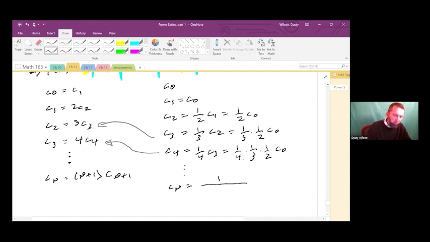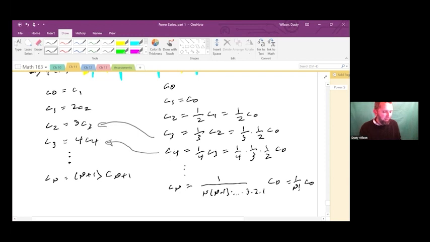If I had 4, I had 4 times 3 times 2 times 1. So you're starting to see factorials. And so Cn would be 1 over n times n minus 1 times ... times 3 times 2 times 1 C naught, which would be the same thing as 1 over n factorial C naught.